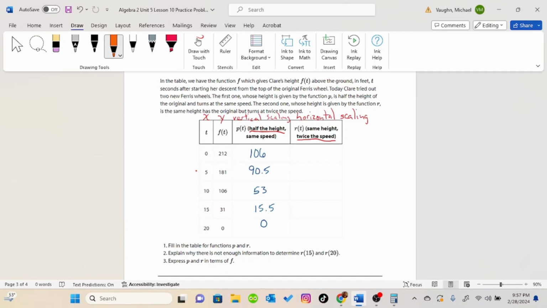So 2 times 0 is 0. So we would use the y value for 0, which is 212. If I want 5, 2 times 5 is 10. So we match the y value for 10, which is 106.